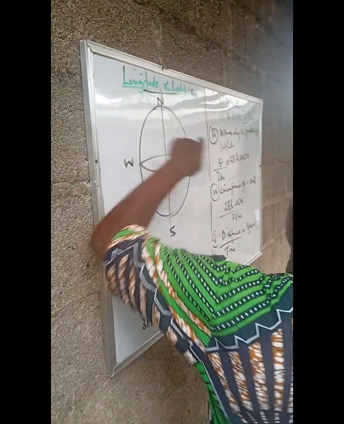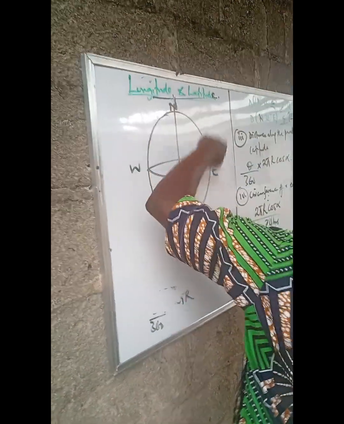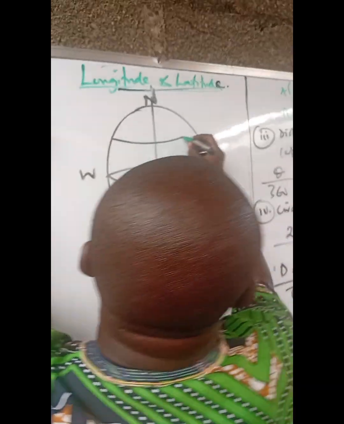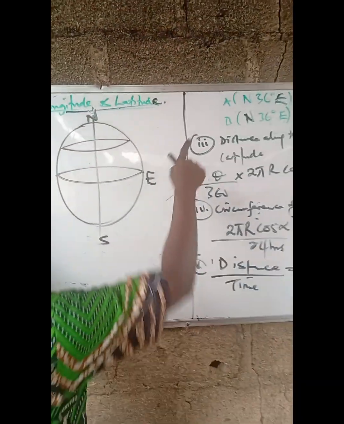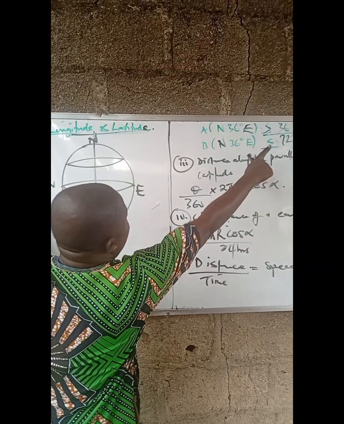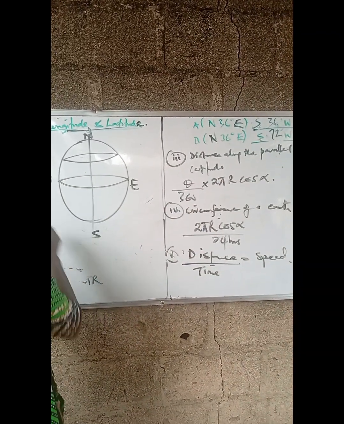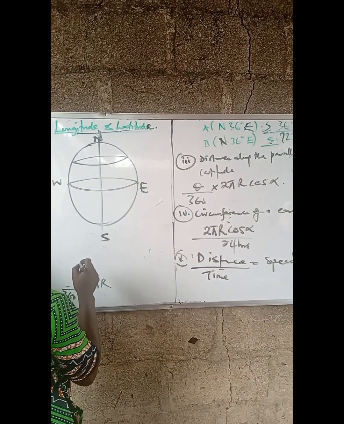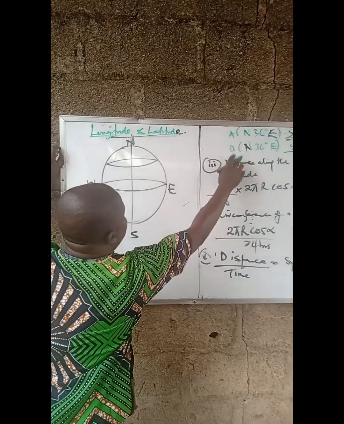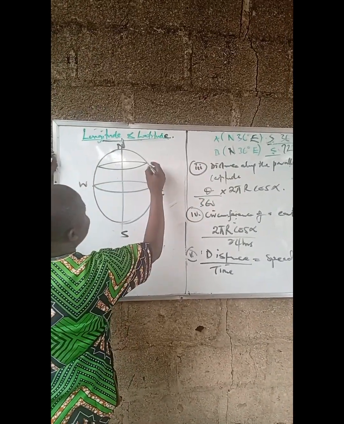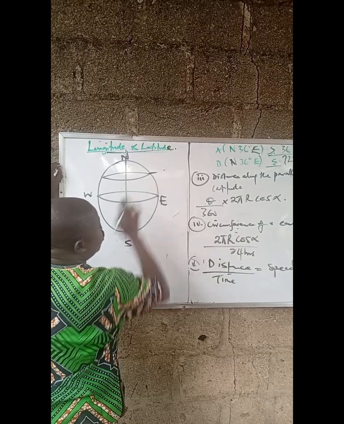Let's see, the northeast. So let's take the northeast, which is the latitude. The A now says southwest. Also, the southeast again. Here is the A, so we don't need to mention the A.